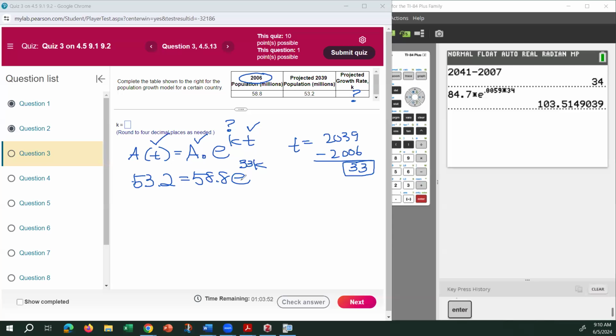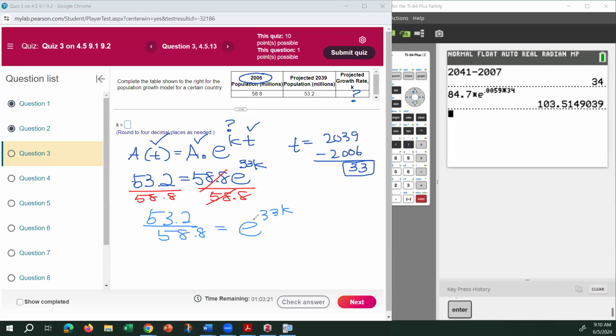Okay, the first thing we need to do to solve for K is divide both sides by 58.8. So we have 53.2 over 58.8 equal to e to the 33K.